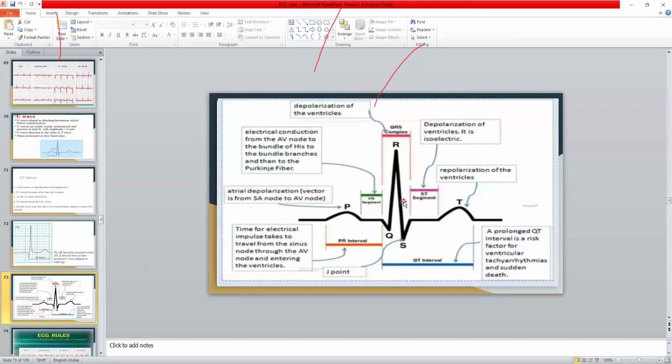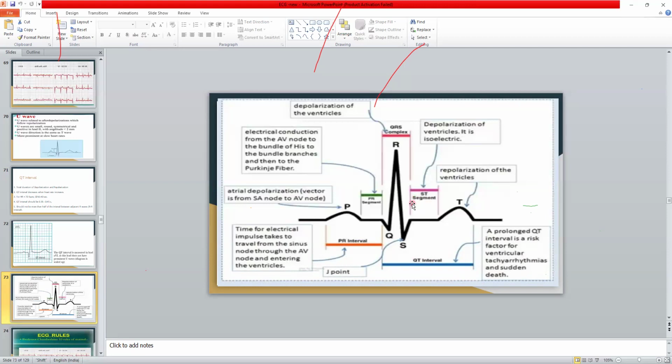This PR segment is the electrical conduction from the AV node to the bundle of His, and the P wave is the atrial depolarization. PR interval is the time for the electrical impulse to travel from the SA node through the AV node and entering the ventricles. Whereas the QT interval is the duration of both ventricular depolarization and repolarization.